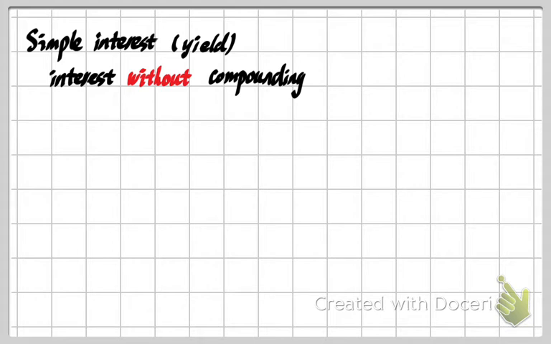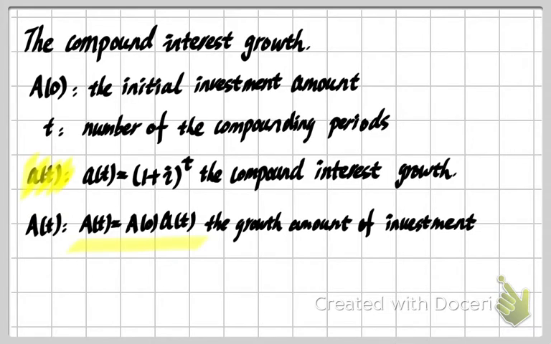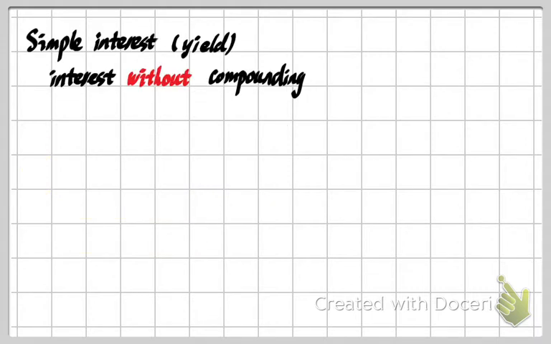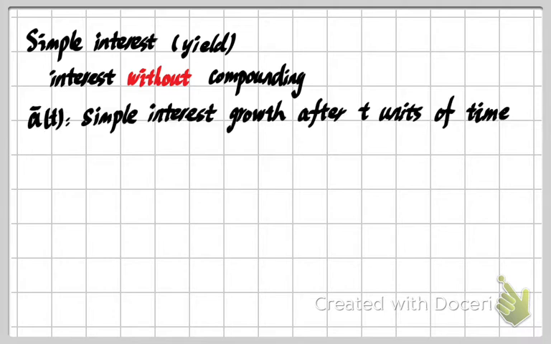Okay, then for simple interest, we will also have some notation. For compound interest, we know we use a small a(t) to show the compound interest growth after t periods. For simple interest, we will also use one notation to help us show this. Here we still use a, but with a bar above our a.